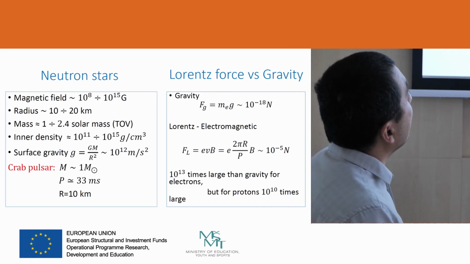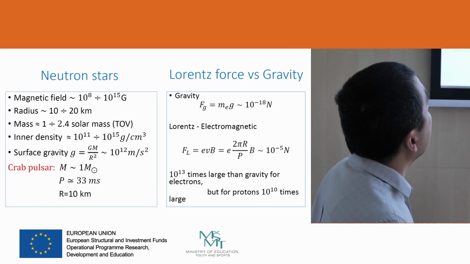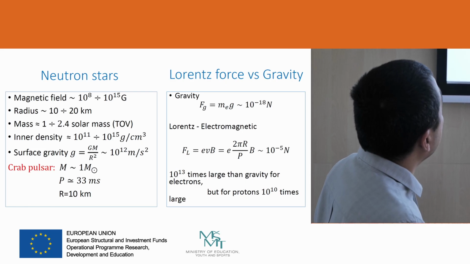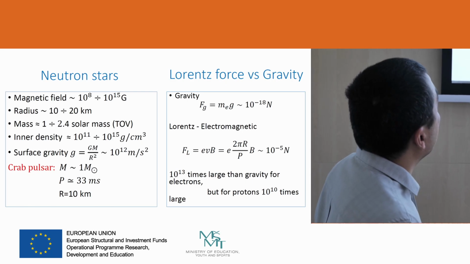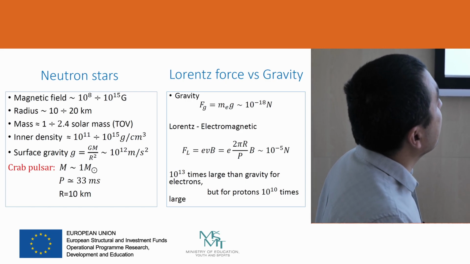They are more highly magnetized and more compact as compared to normal stars, and the mass is in the range from 1 to 2.4 solar masses.